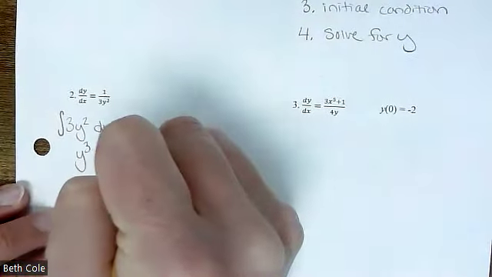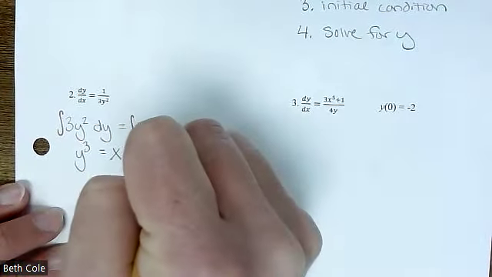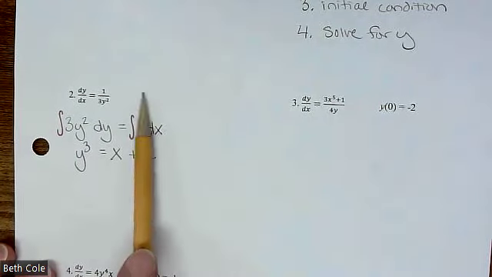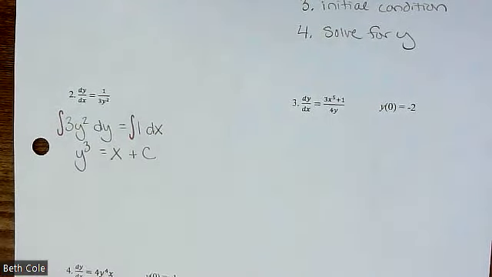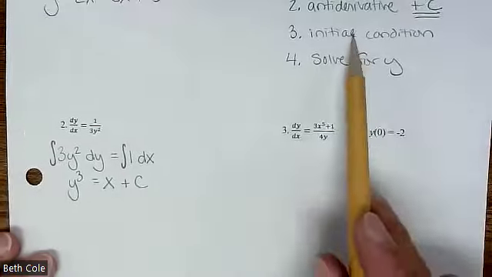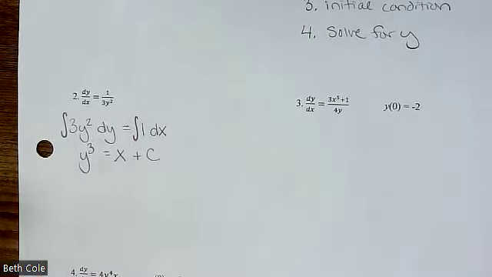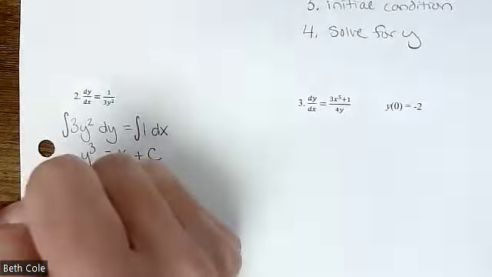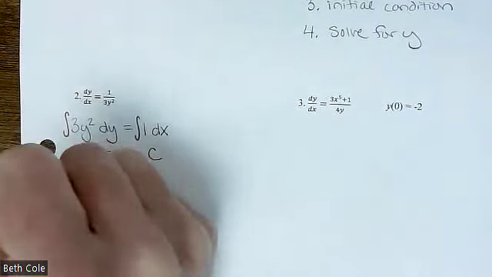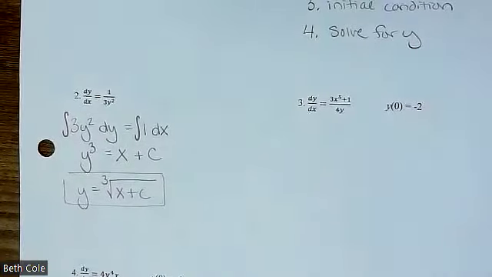X, good, and then plus C. So is there an initial condition written here? No, so we're going to find the general solution. We're just going to leave plus C in there. It's an infinite number of answers. We're going to skip this step. Just solve for Y. How would you get Y by itself? Your answer is cube root of x plus C.